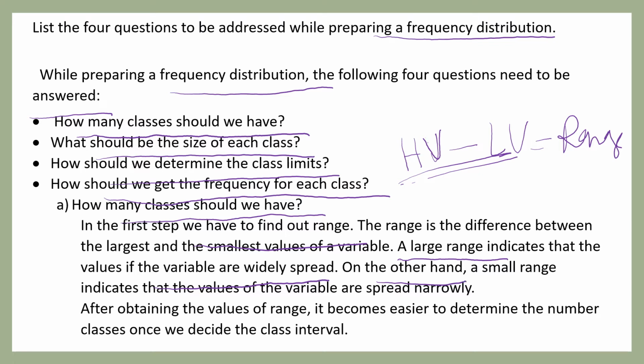On the other hand, if the range is very small, then it indicates that the values of the variable or observation are spread narrowly. After obtaining the range, it becomes very easy to determine the number of classes once we decide the class interval. After deciding the class interval, we can decide the number of classes.